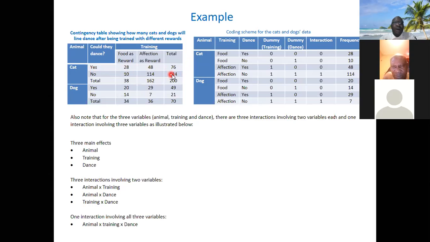How many did not dance? 124. Then how many cats danced in response to food as a reward? 38. How many danced in response to affection as reward? 162. If you look at dogs also, there are 70 of them. 49 danced, 21 did not dance. So 34 danced in response to food, while 36 danced in response to affection.